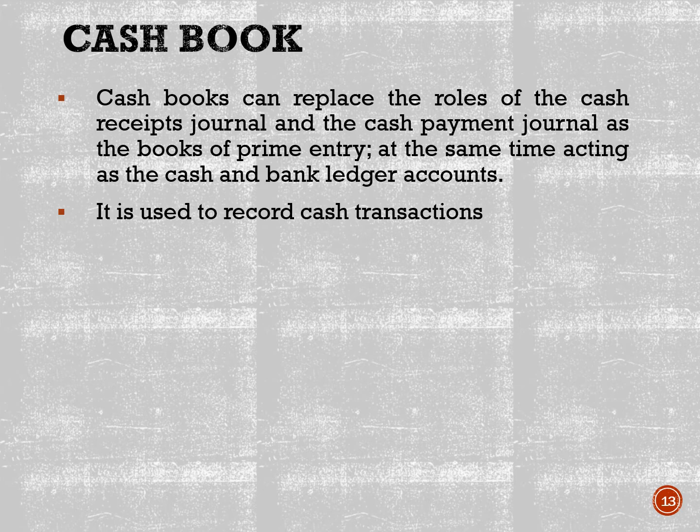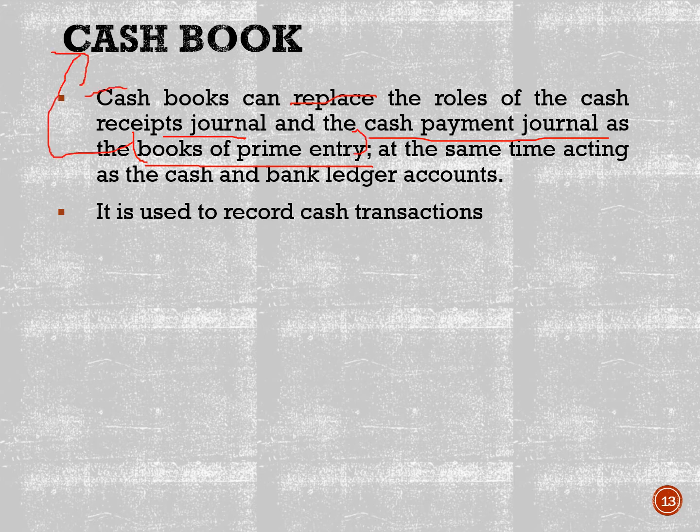Okay, next kita kena tahu what is cash book. Cash book can replace the roles of cash receipt journal and cash payment journal as books of prime entry. Okay, macam mana kita consider as the book of prime entry untuk cash book?